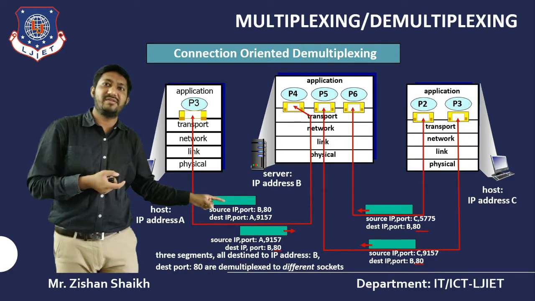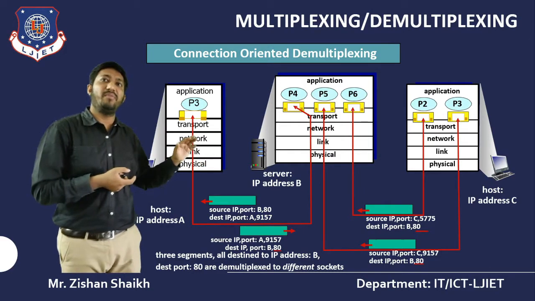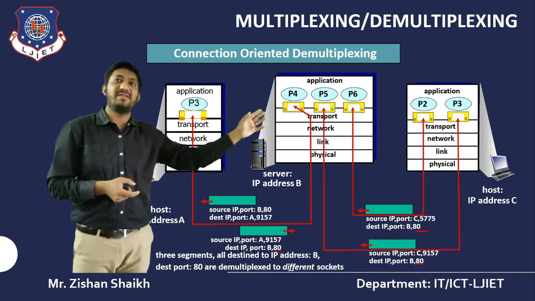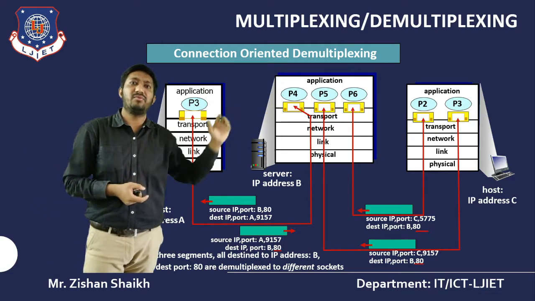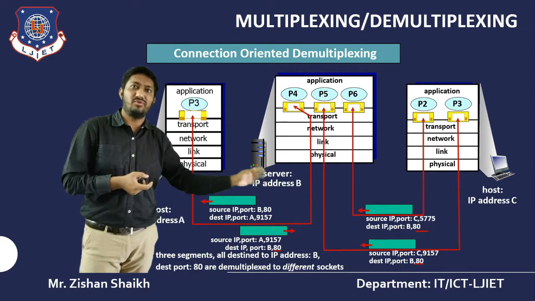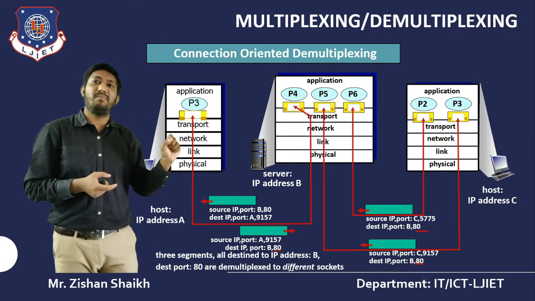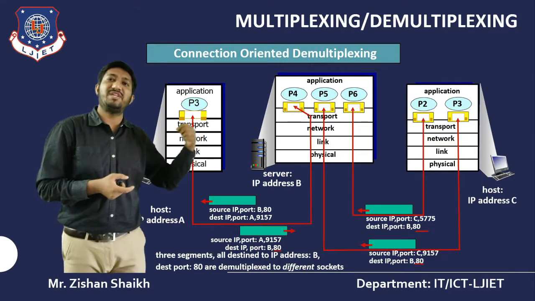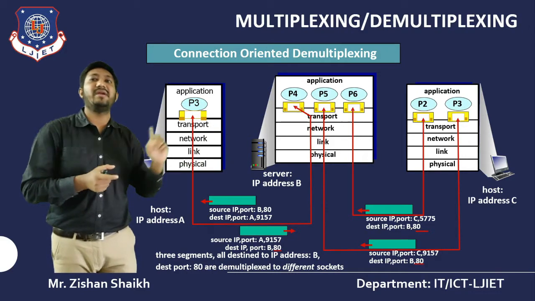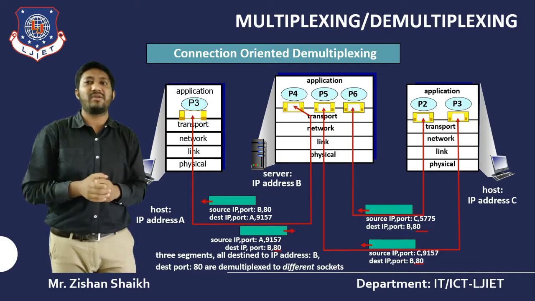In the same way, when we want to communicate with another application's different process, the same procedure is followed. If P6 wants to communicate with P2, it also checks the source and destination IP addresses, and next it checks the port number, for which process we are requesting this particular data. So this is the basic idea of how connection-oriented demultiplexing works.